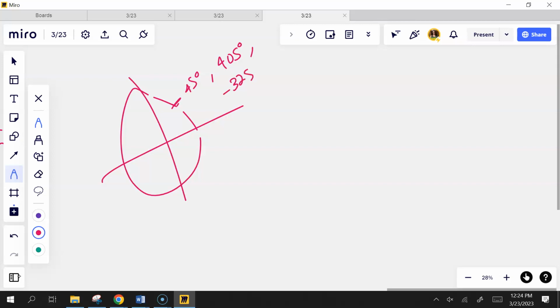Minus 325. It's an infinite loop of numbers that I could keep going around until I get back to the same spot. So if I was given this, and I was asked to graph it, I would say, okay, that's bigger than 360, so let me find a coterminal angle for that. Coterminal angle would be 45. I can graph 45. Does that make more sense?